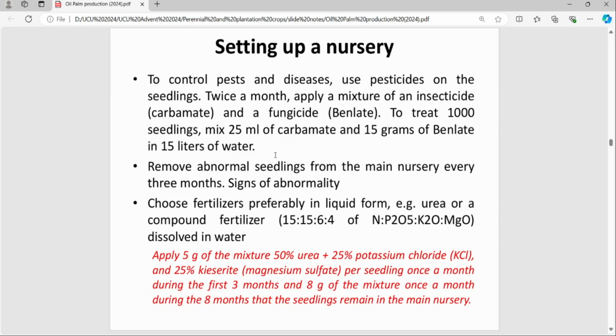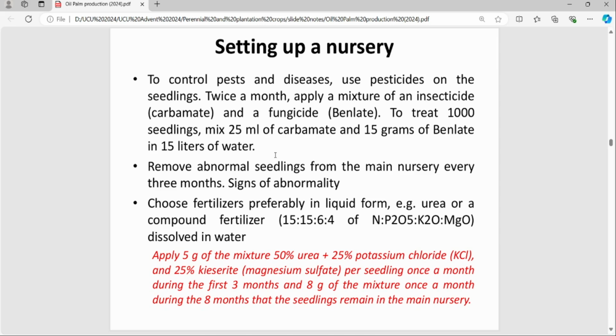Within the nursery, we are also supposed to control pests and diseases by, one, ensuring that we use pesticides and fungicides for diseases because the most common diseases are those that are fungal diseases.